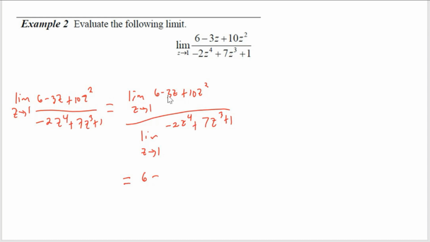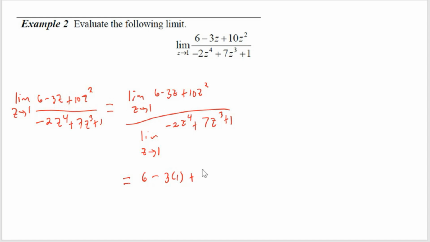So we have negative 3 as a constant multiplier times z, where z approaches 1, therefore it gives you negative 3 times 1. The negative 3 is the coefficient. We can write that one as negative 3, the limit of z as z approaches 1. Therefore, the limit of z as z approaches 1 is equal to 1, plus what is the limit of 10z squared as z approaches 1?